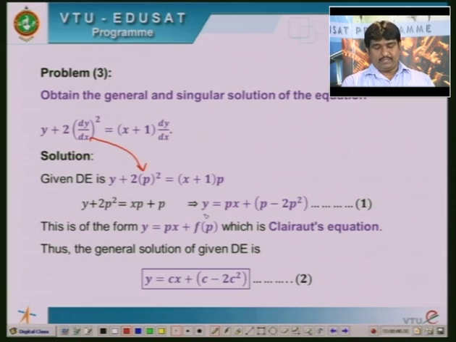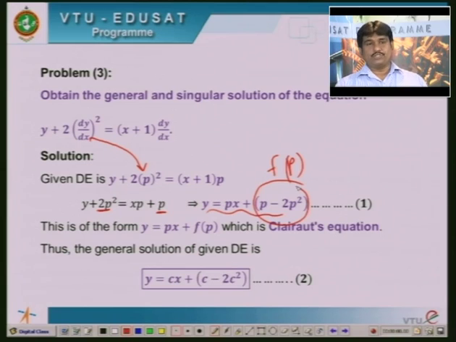Multiply and simplify this to get y equals px plus p minus 2p square. So I have collected this p and the 2p square term. You just transfer this 2p square to the right-hand side to get f(p). This part is f(p), p minus 2p square.